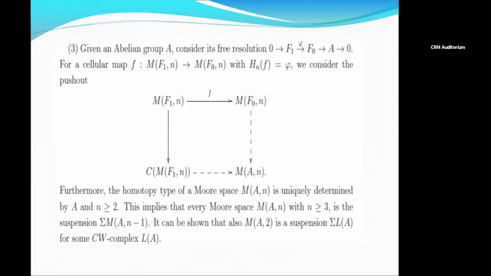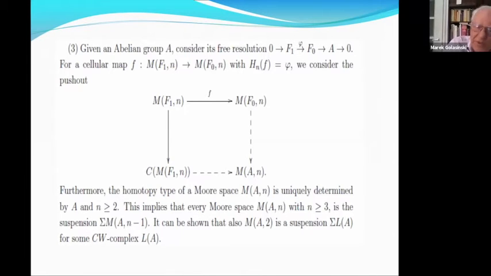Somehow it is not difficult to show this, but I don't want to go into details. And from uniqueness, it follows that every Moore space, if n is at least 3, is a suspension of the previous Moore space. But it can also be shown that a Moore space of type A2 is also a suspension of some CW complex.